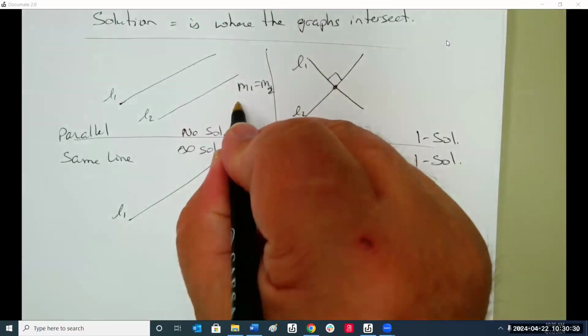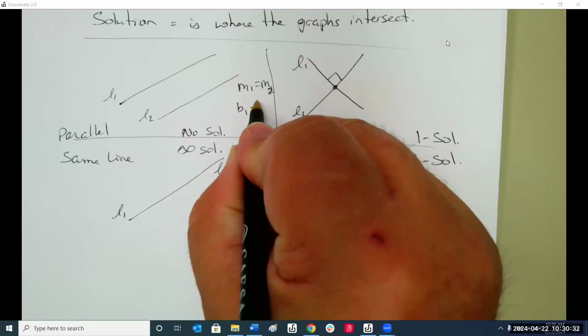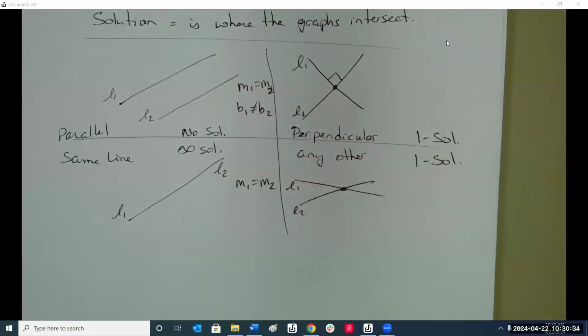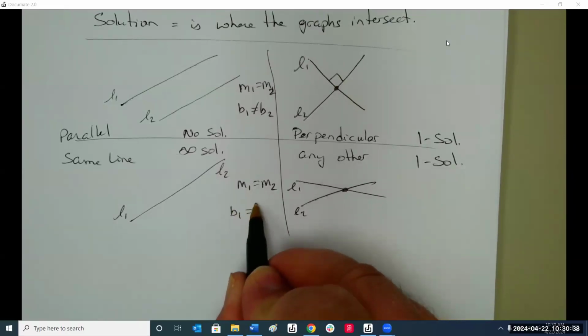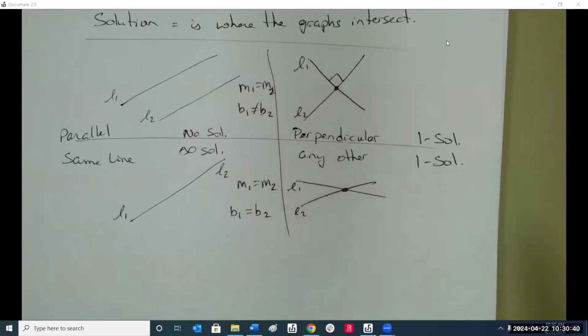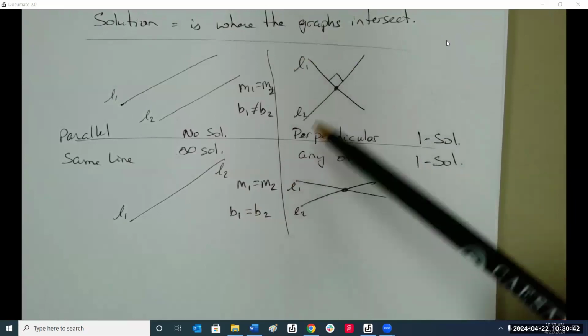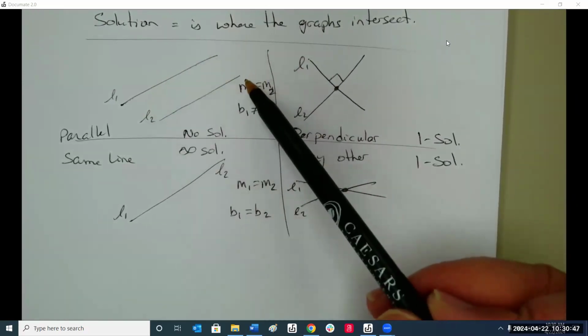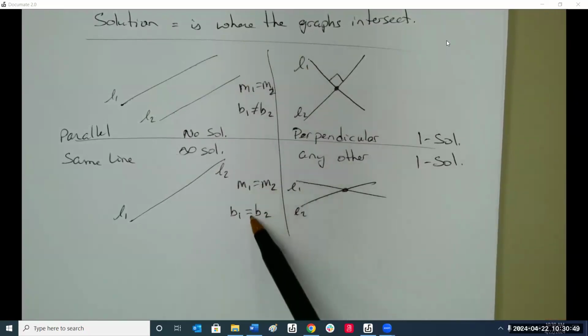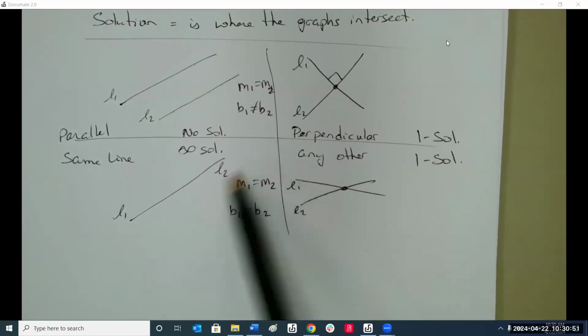The only difference are the y-intercepts. If they have the same slope but different y-intercepts, that means they're two different lines. They have two different equations. If they have the same slope, same equation, they're the same equation, same graph.